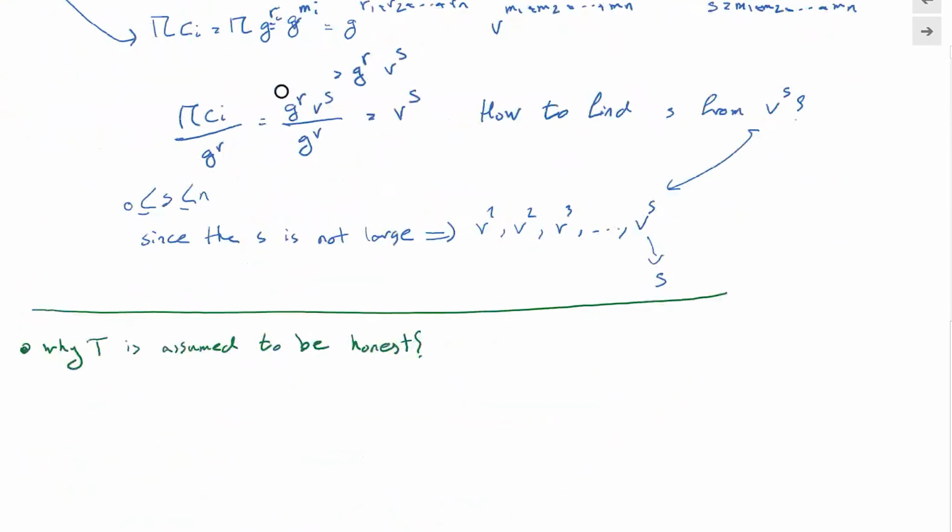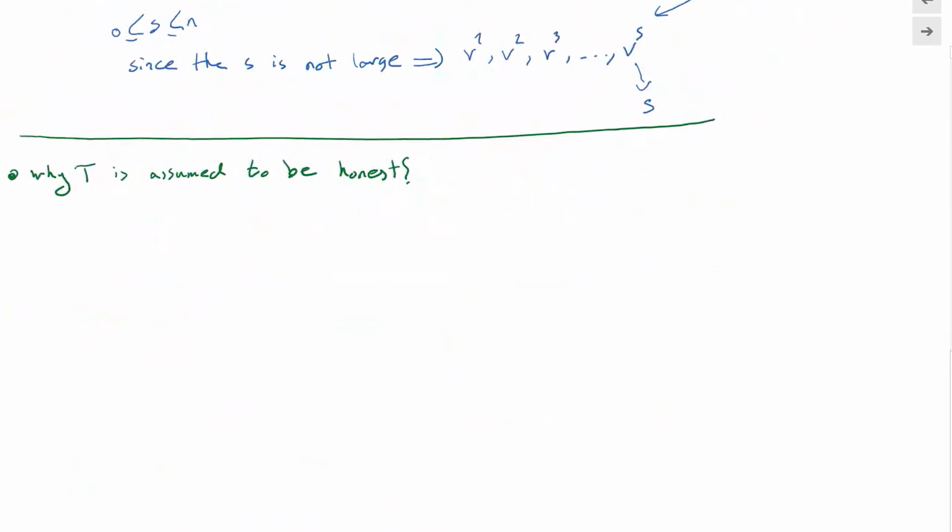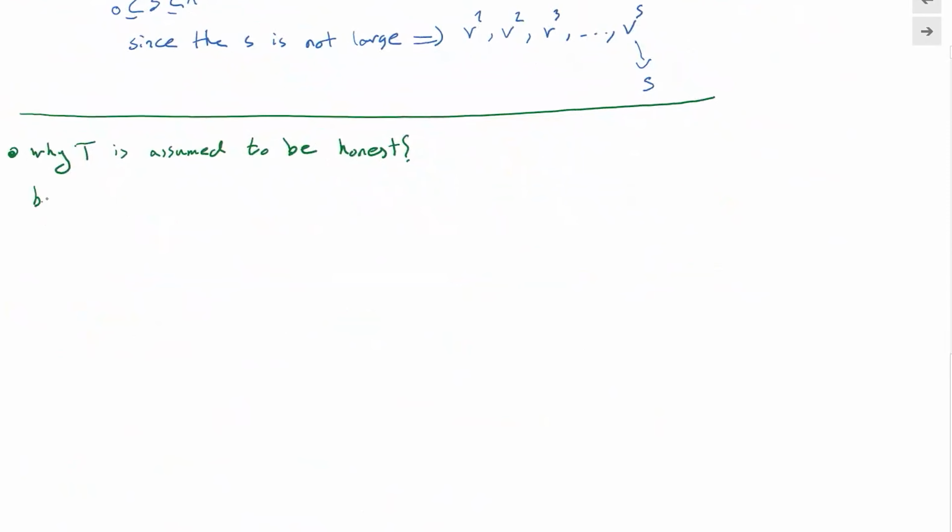So let me show you here: T can compute G to the Ri from the encryption under T of G to the Ri.